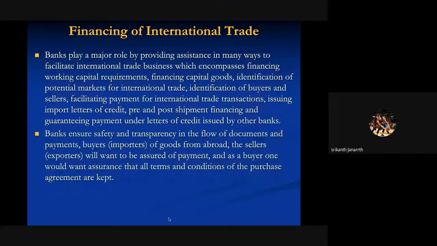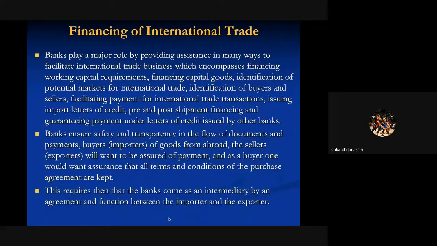When it comes to financing international trade, the bank comes as a facilitator. You know, there are two parties in trade finance. One is called the importer, who is the buyer, and the other party is called the exporter, who is the seller. Now, the bank comes in financing both parties. Say, if an importer wants finance for his import, banks get involved.